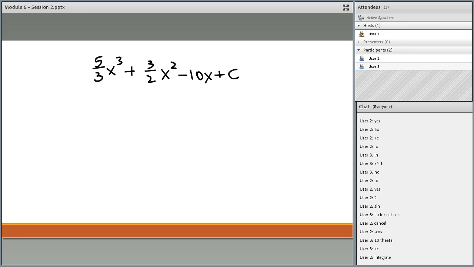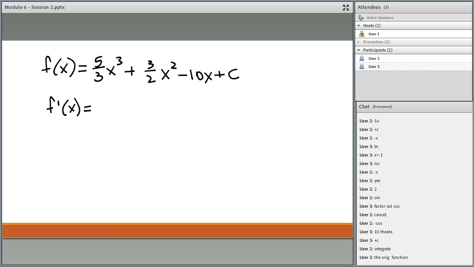What does this represent? Well, we were told the derivative function, and then we integrated. Good, the original function, so f of x.